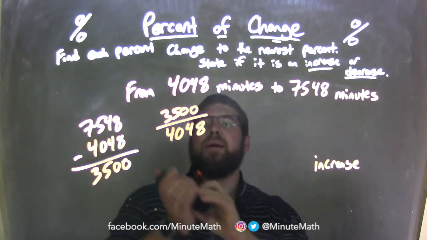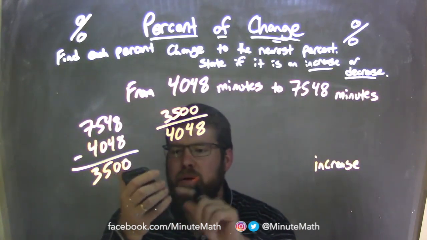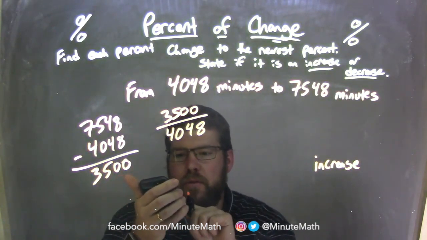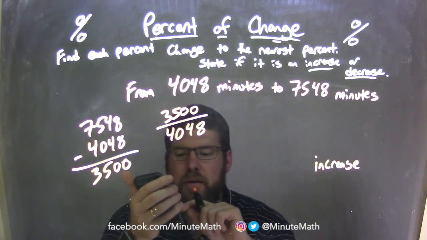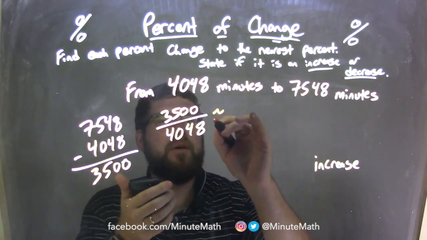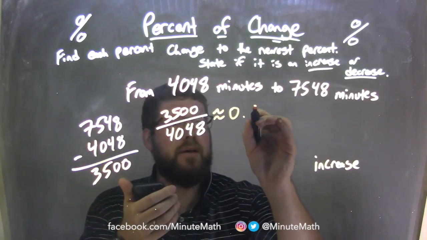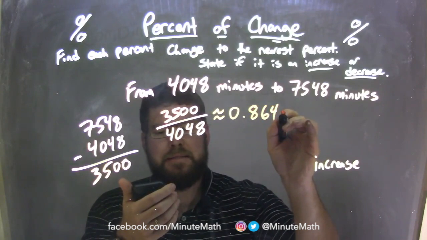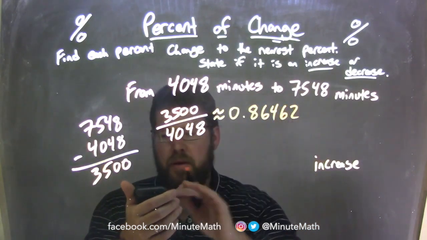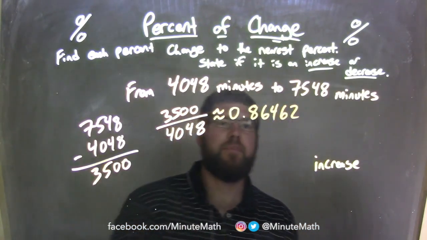I'm going to use my calculator for this one. Okay, so we have 3500 divided by 4048. And we got approximately 0.86462. Yep, just double check that.